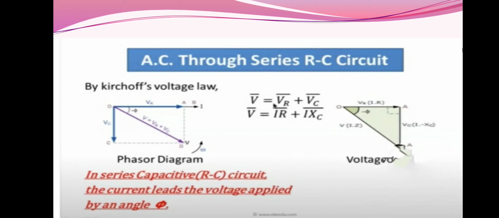The resultant of these two, VR and VC, is V. Either we can take the upper triangle or the lower triangle. So we have shown here the voltage triangle VR, VC and V. In a series capacitive RC circuit, the current leads the voltage by an angle phi. Seen in the counterclockwise direction, current is leading the voltage by an angle phi.